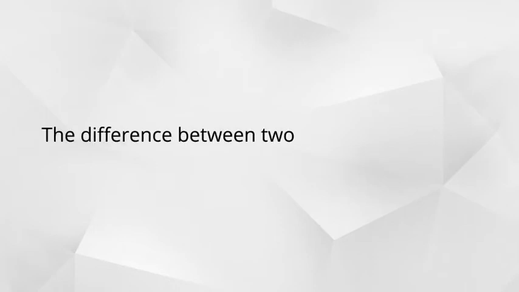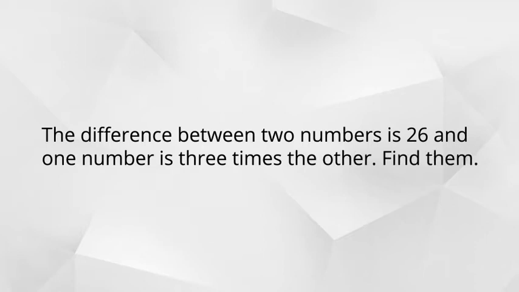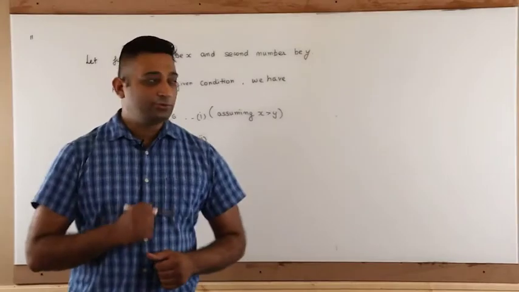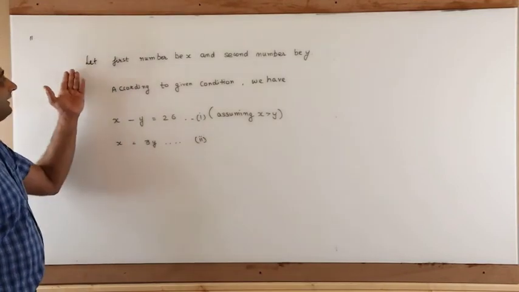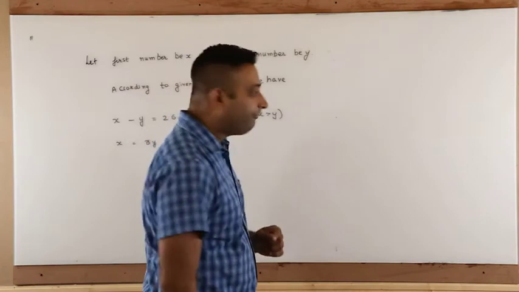Dear students, now we will learn some word problems. Question number 1. The difference between two numbers is 26 and one number is 3 times the other. Find them. Dear students, let us assume the first number be x and the second number be y.